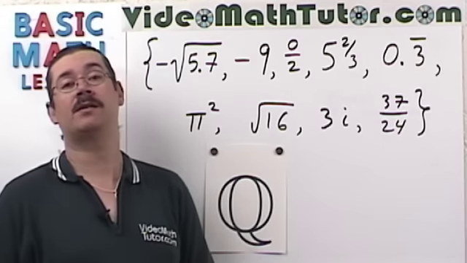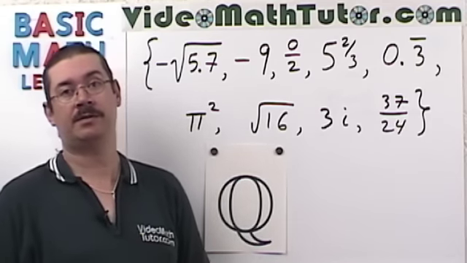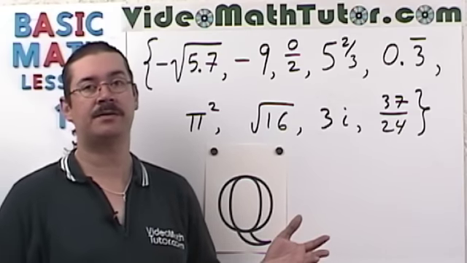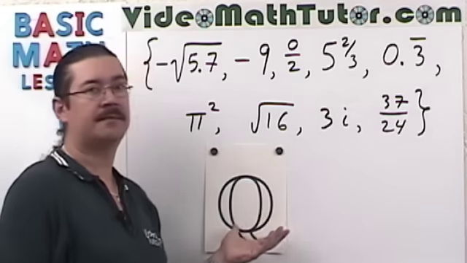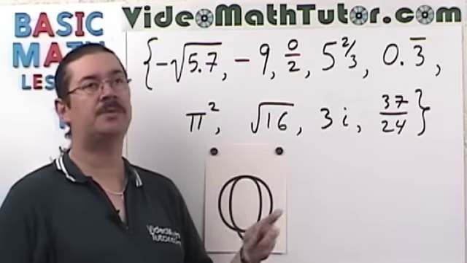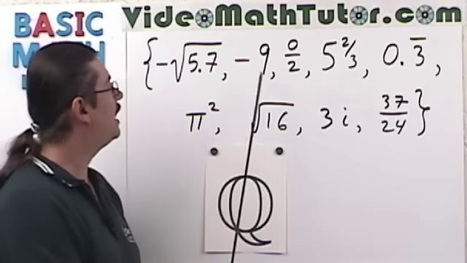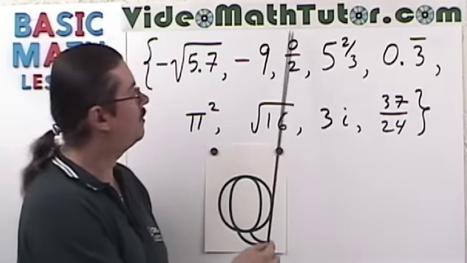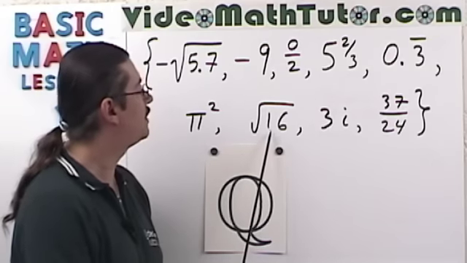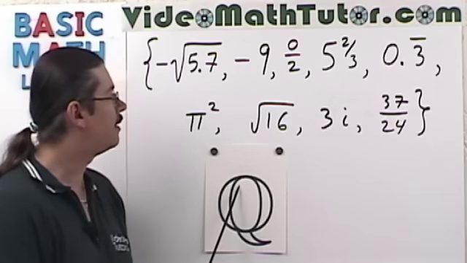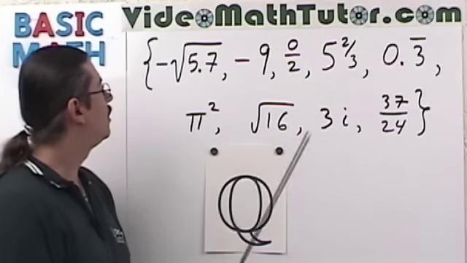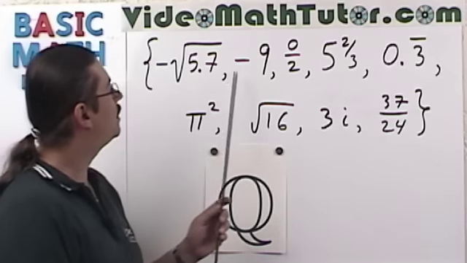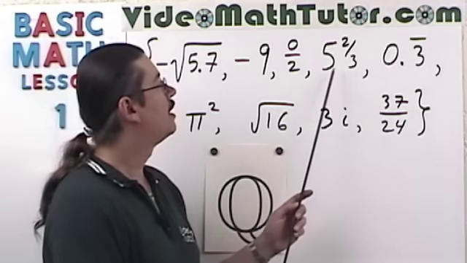Now, which of these are rational numbers? Well, all our previous answers are included in this set. Okay, all the natural numbers, all the whole numbers, all the integers. So the -9, the 0, which is this number right here, and 4, which is square root of 16, are all a member of this group right here. Are there any others? Well, no, not that one. 5 and 2/3.